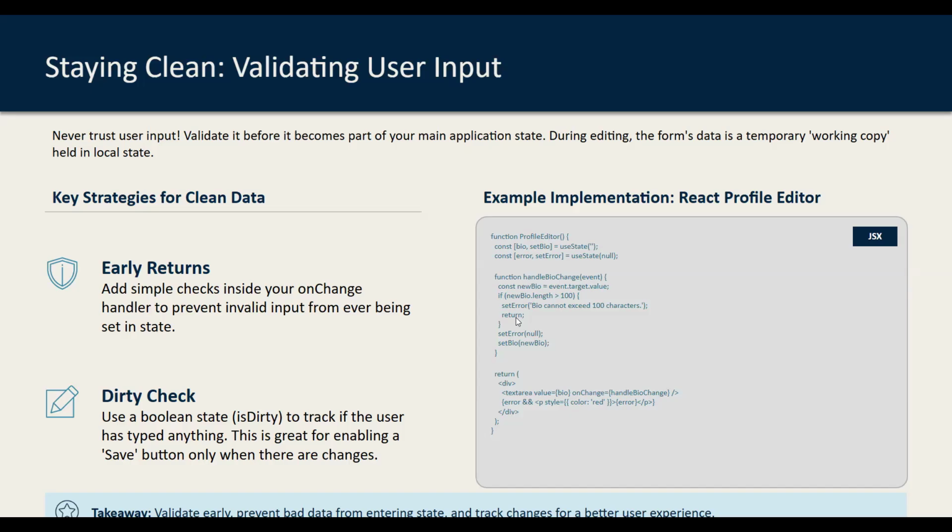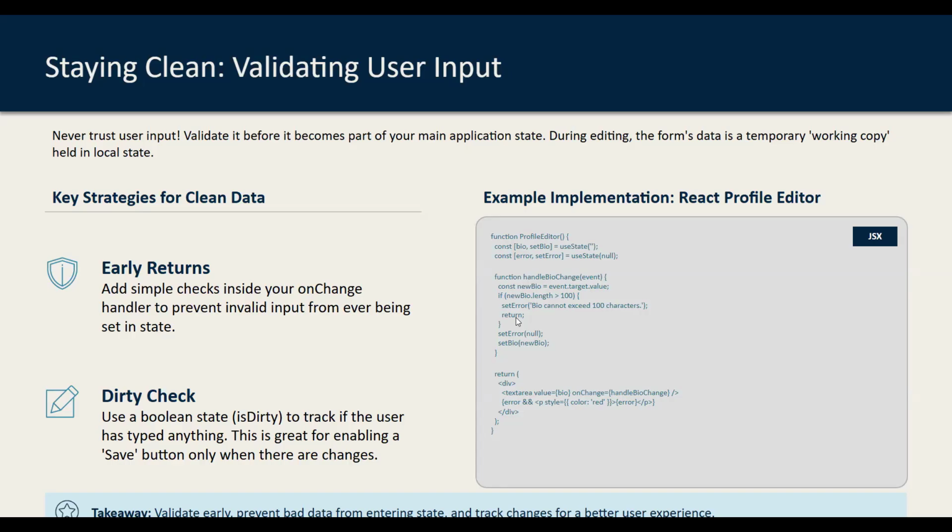There are two strategies that would help us validate the data. The first strategy would be early returns. That means simply adding a check inside the onChange handler, so that if the user input is invalid, we could stop them right there and we do not update the state with any bad values.